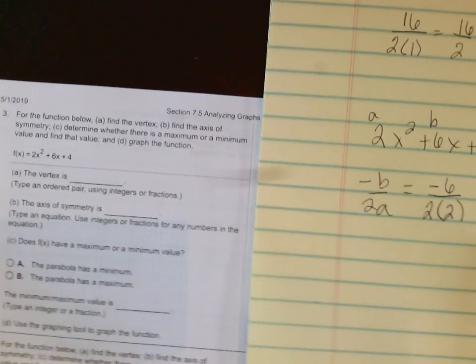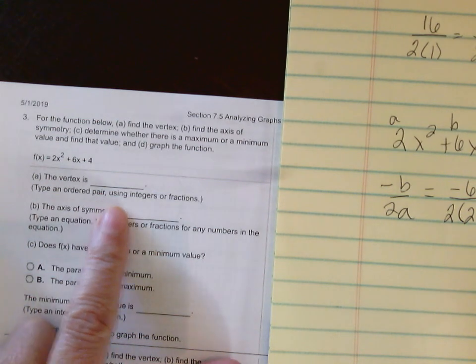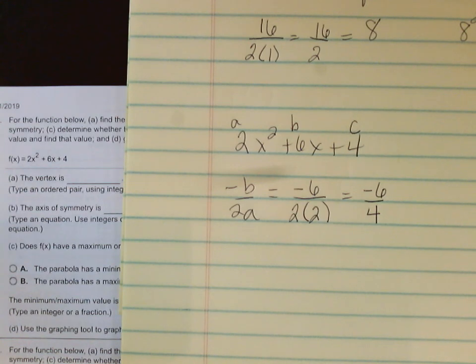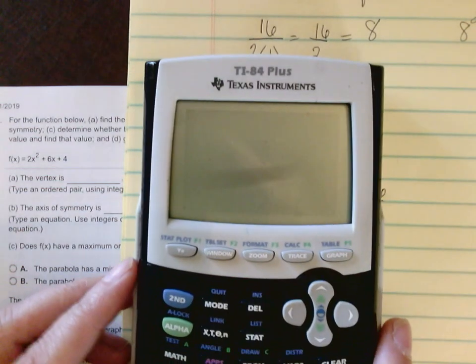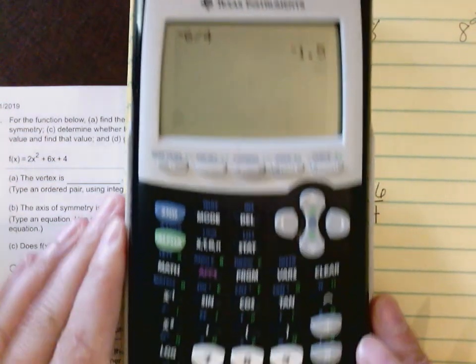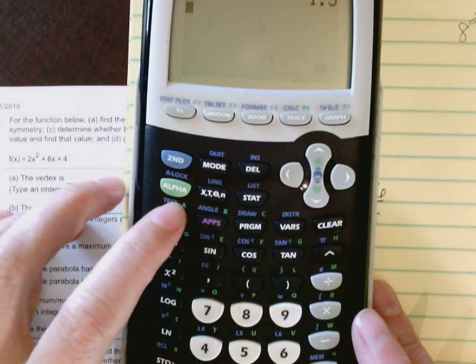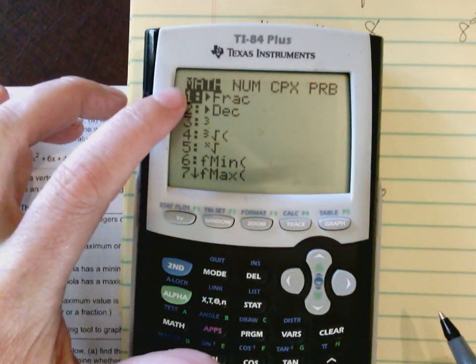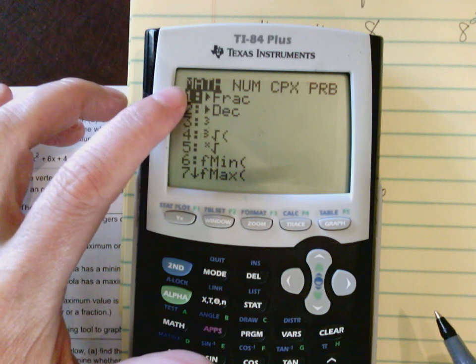On my paper, when it says type an ordered pair using integers or fractions, it doesn't want the decimal. I'm going to teach you a trick in your calculator because this reduces. In your calculator, I want to see what happens if I type negative 6 over 4 and hit enter. It's going to give me a decimal. If you come over here and hit the math button, the first thing under math is it wants to turn the last answer you had in your calculator into a simplified fraction.